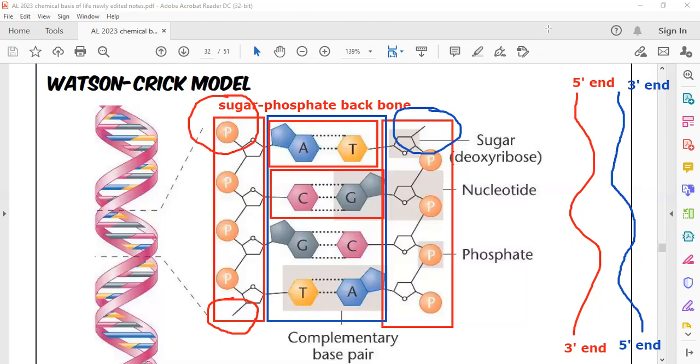Good. If I tell you always a pyrimidine is the pair of a purine, is it correct? Always a purine is the pair of a pyrimidine. Is that correct?